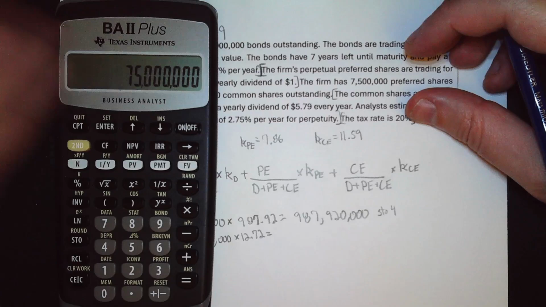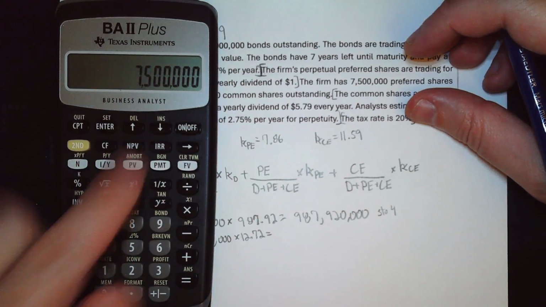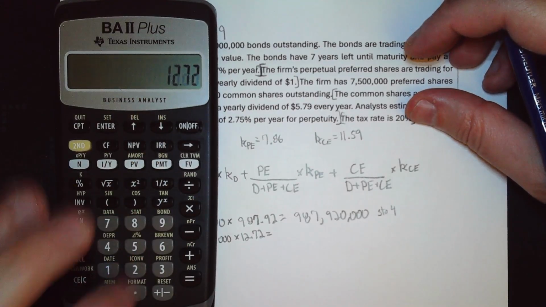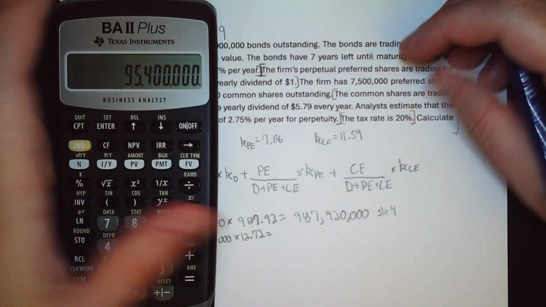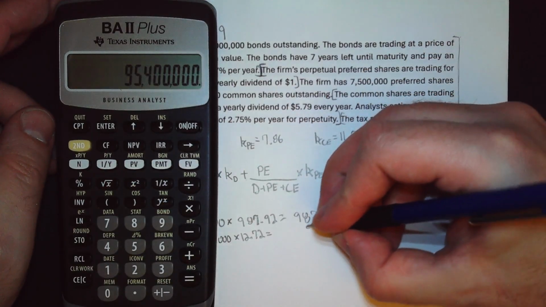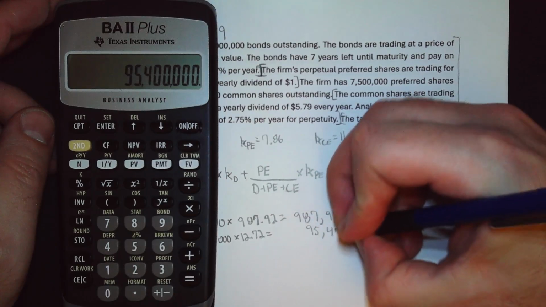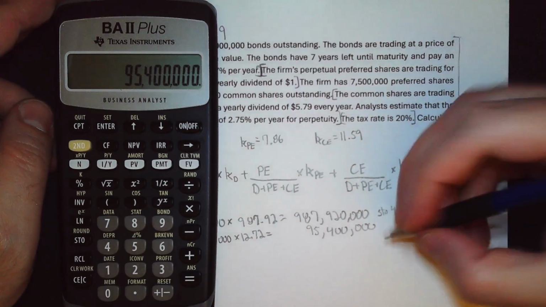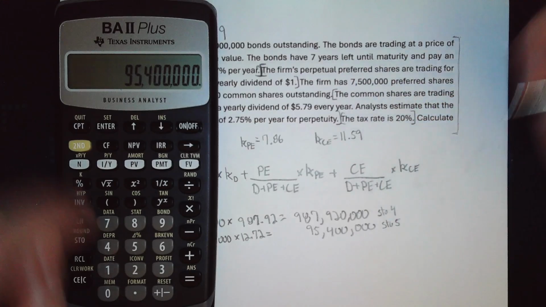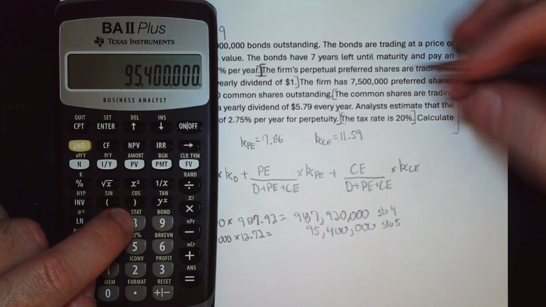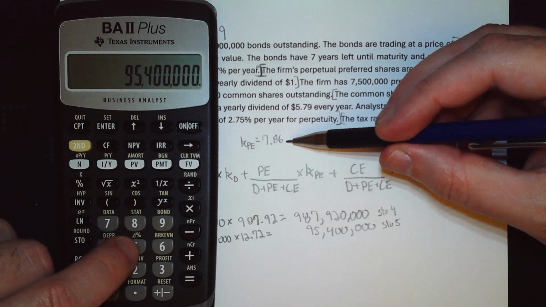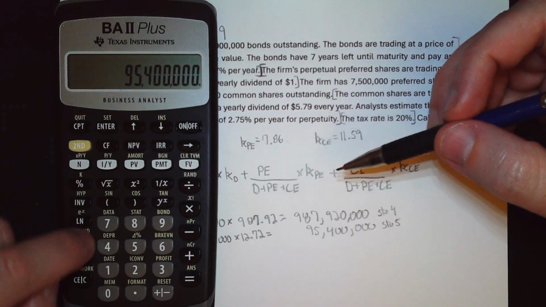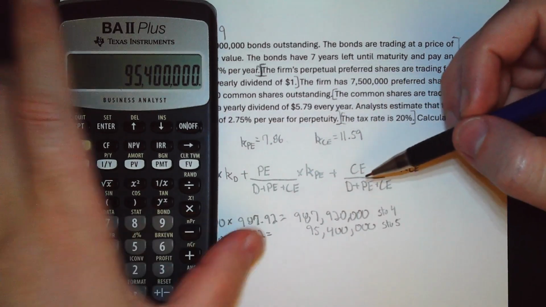Instead of erasing everything, I can just use the arrow back to remove that 0. And I want to multiply this by 12.72, and I get the market value of the preferred equity of this firm, which is $95,400,000. I will store this under 5 because 8 is my required return on preferred equity. I like to have my market value of preferred equity nearby, so I'll store this under 5.